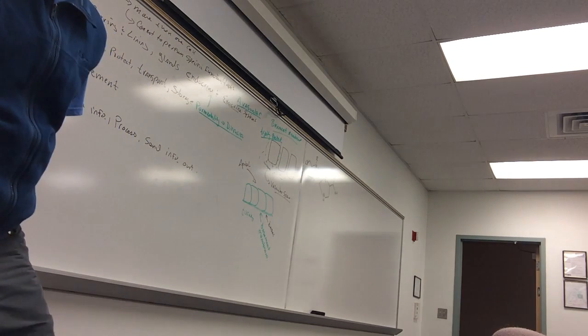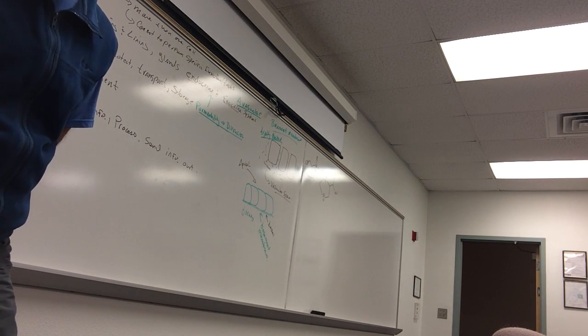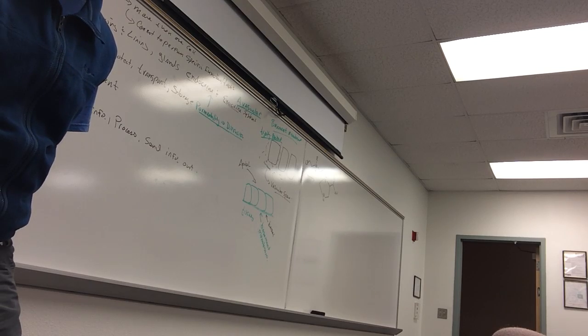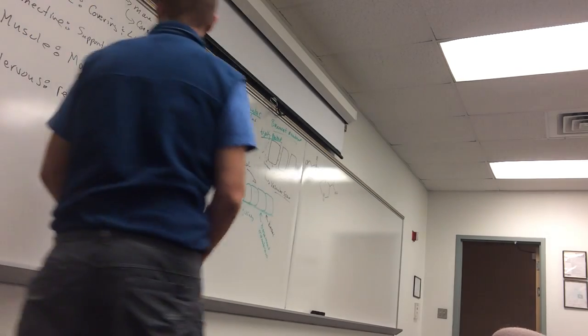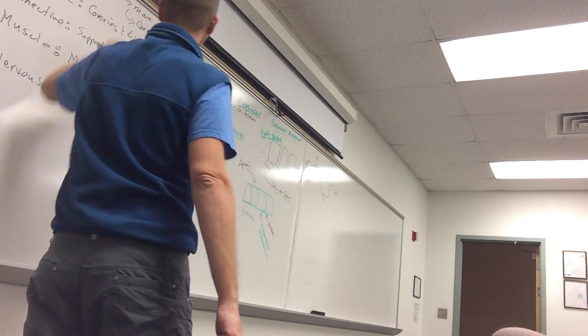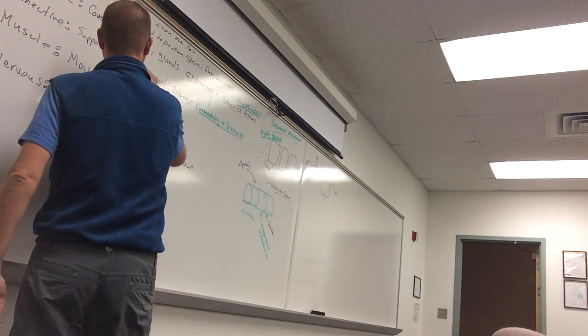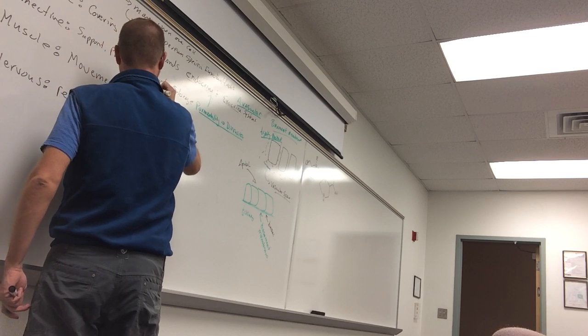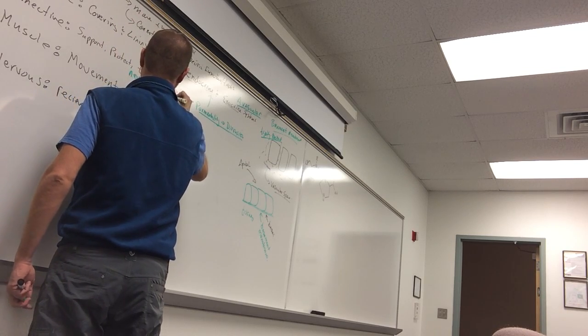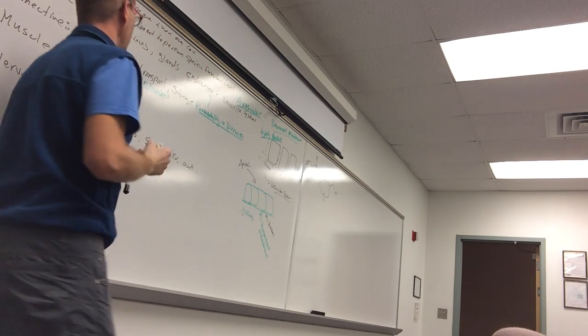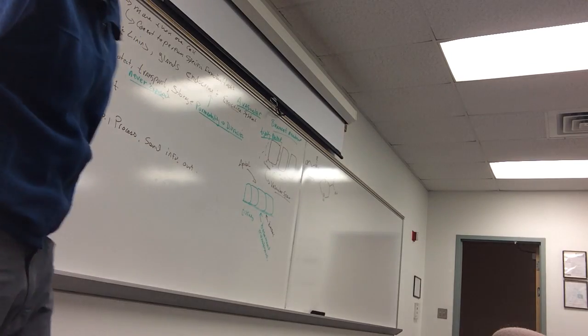Okay? Connective tissues are never exposed to the outer environment. Epithelial tissues are exposed to the outer environment, but connective tissues are never exposed. So connective tissues are always going to be deep compared to epithelial tissues.